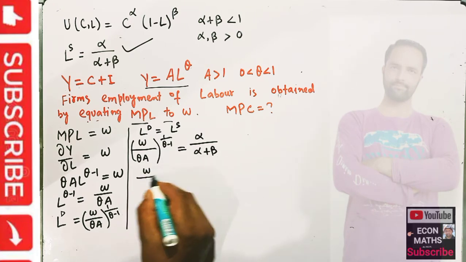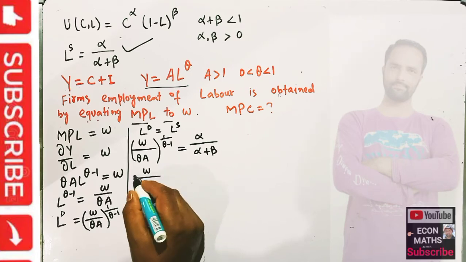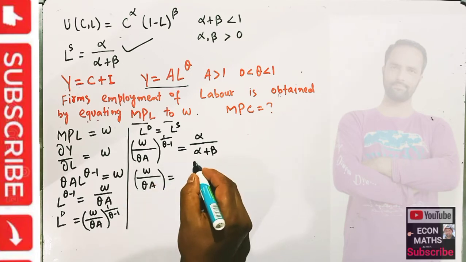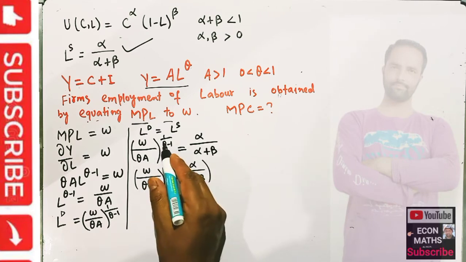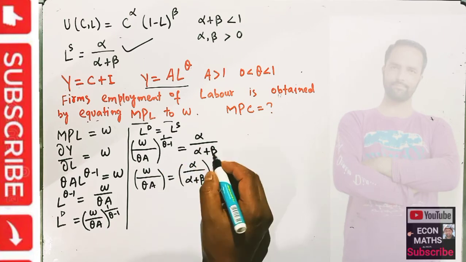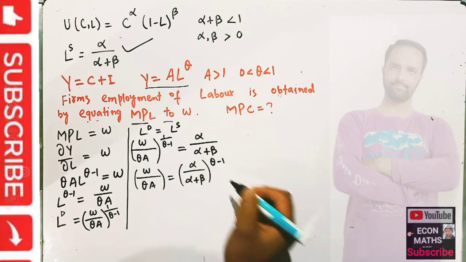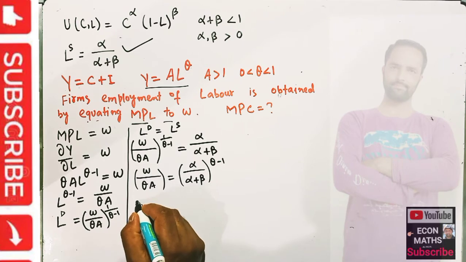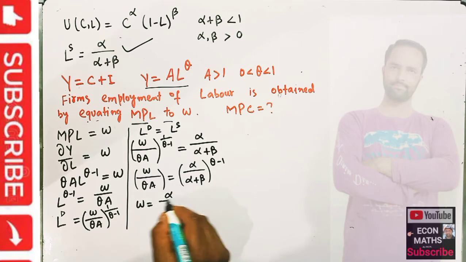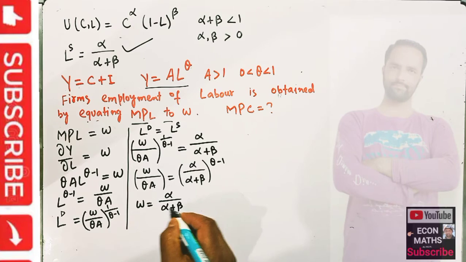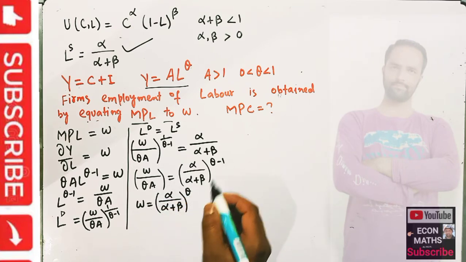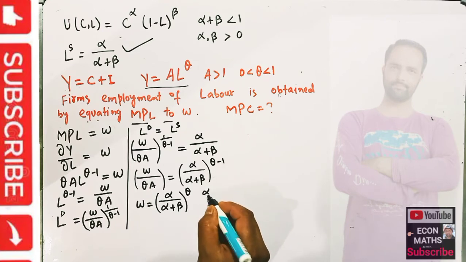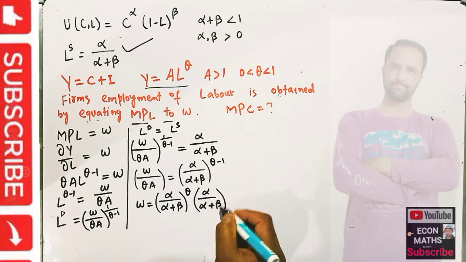I can write it like this: w upon theta A is equal to alpha upon alpha plus beta. Okay, if I transpose this exponent it will get reciprocated, so theta minus 1. I have expanded this term.